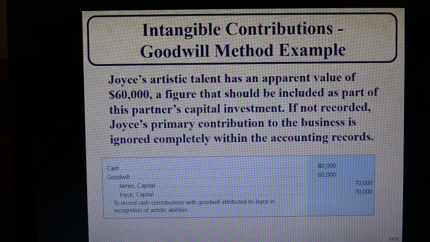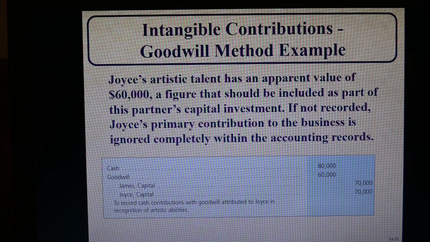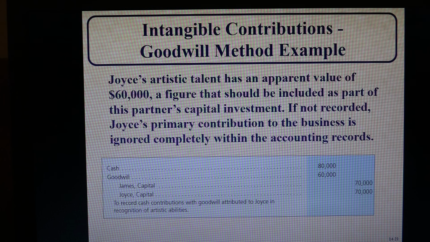The book seems to indicate that we should compare this with the acquisition method of determining goodwill. There, cash is expended for the purchase of a company, right?